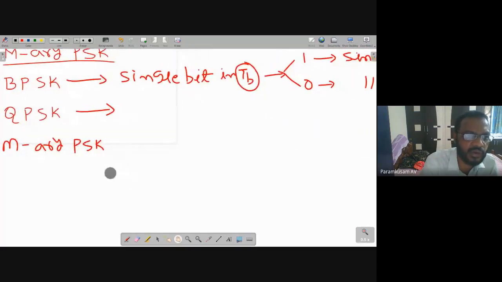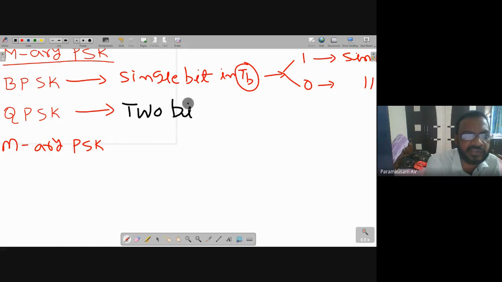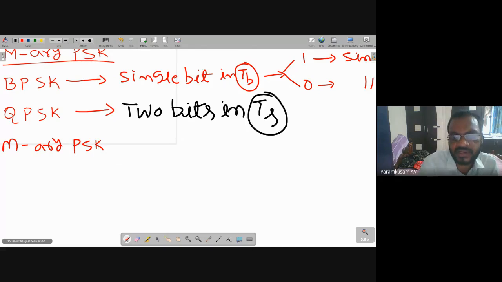Now we see QPSK. Here what happens? We transmit 2 bits, not a single bit, in a symbol duration, TS, where TS is equal to 2 into TB.